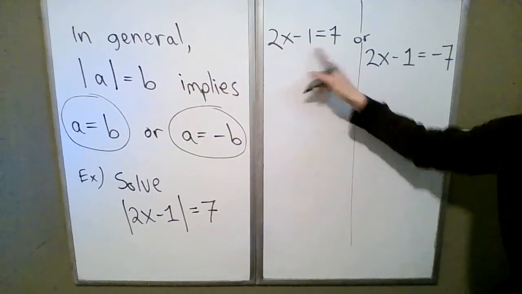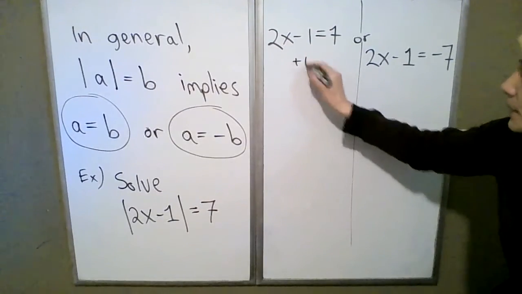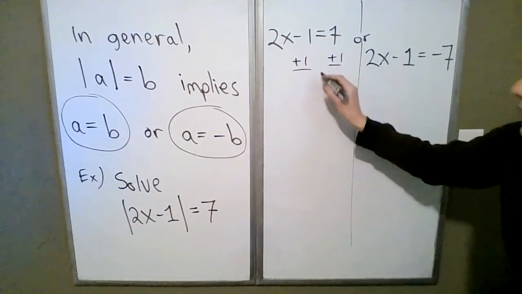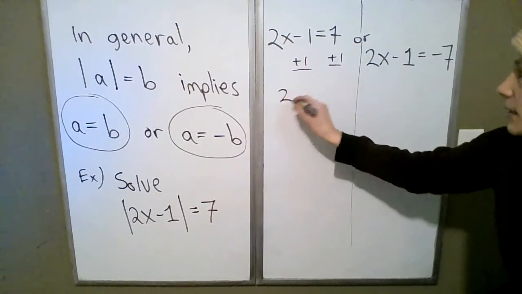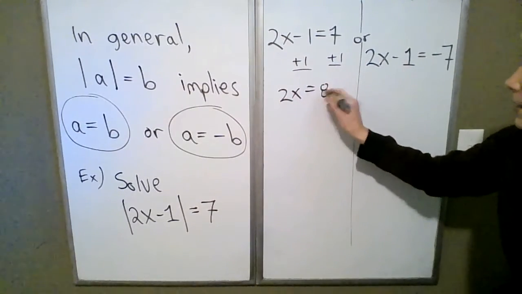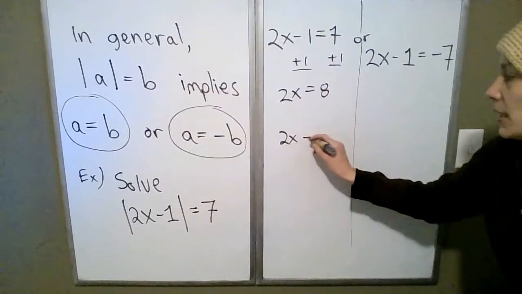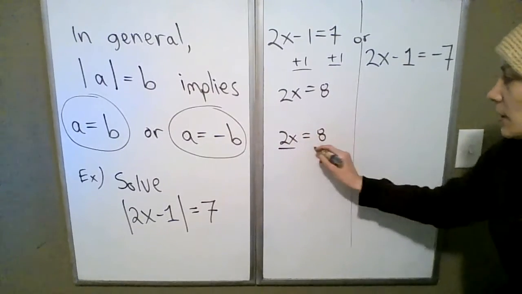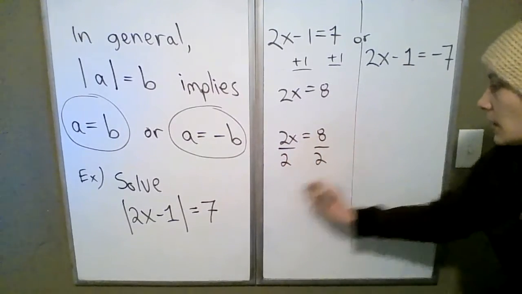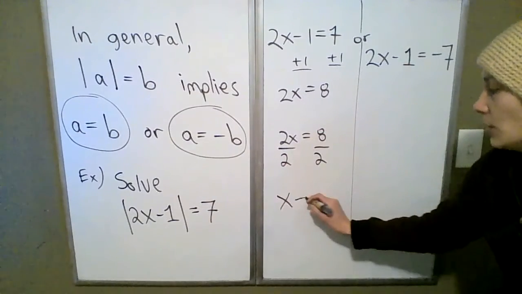Over here, we add 1 to both sides. We have 2x equal to 8. And then divide both sides by 2. And that is an x equal to 4.